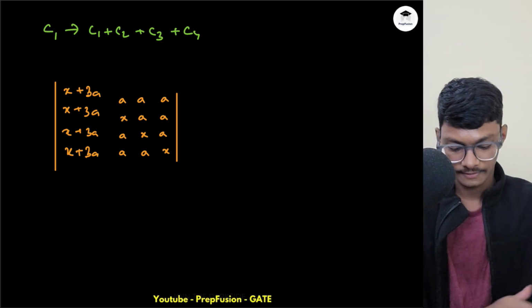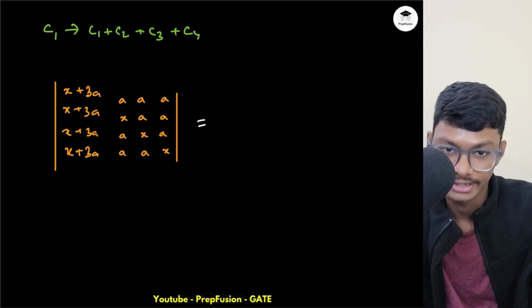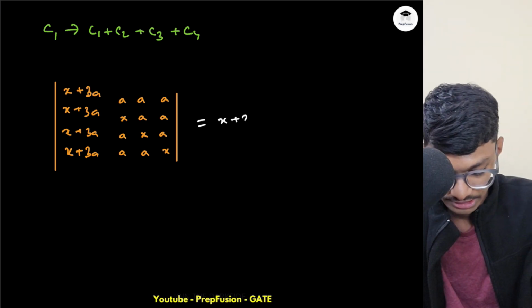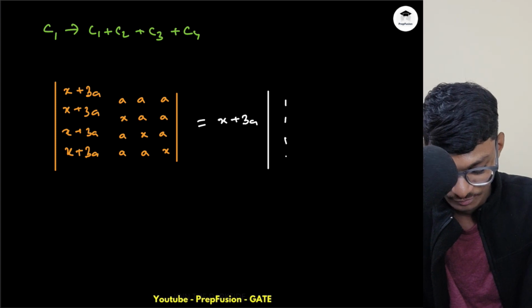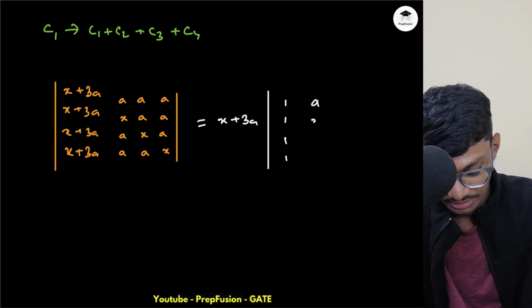So what I can do next, I can simply take x plus 3a common. So this will be 1 1 1 1, and this will be a x.